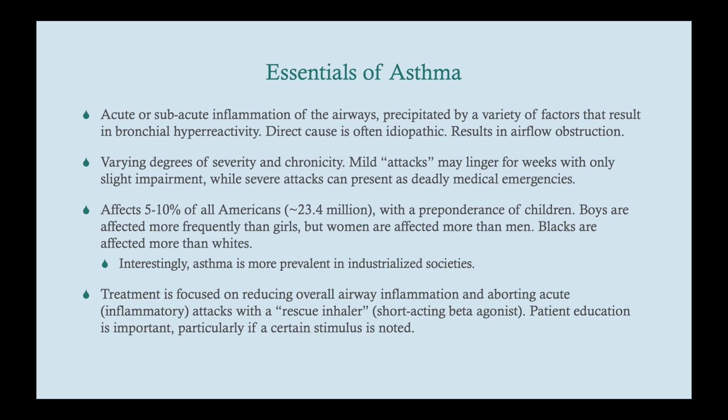So when you have asthma in a child, it's much more problematic than in an adult. And if you go back to my airway mechanics lecture, I talk about Poiseuille's law. That has to do with the caliber of the airway.